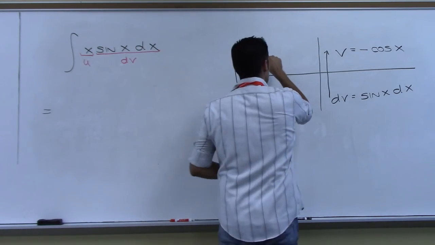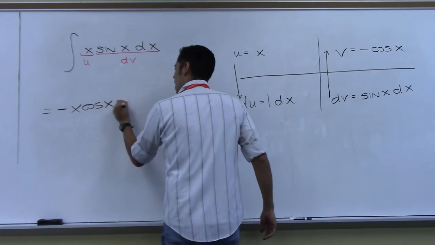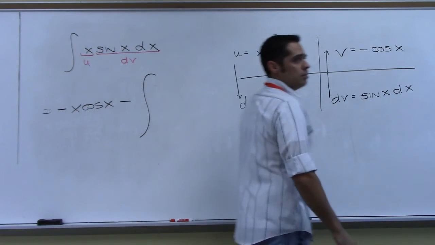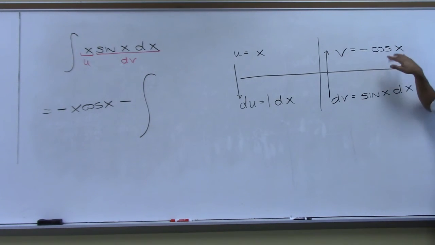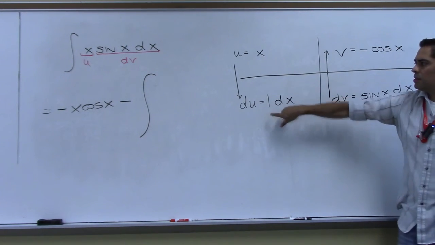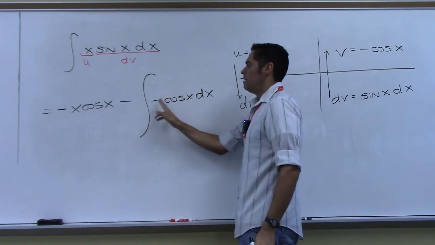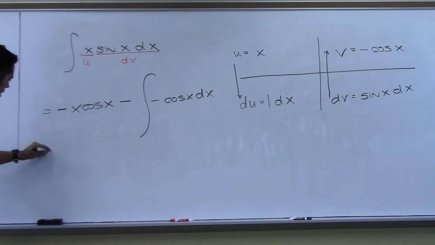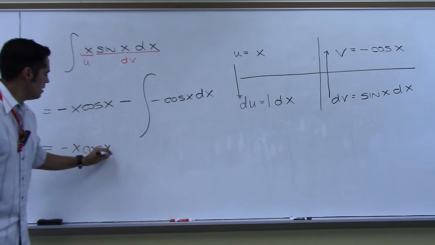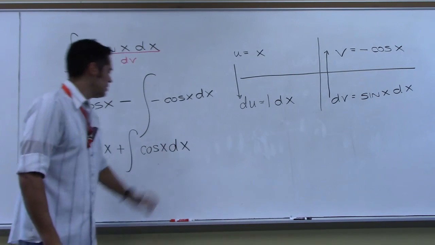What is it? x times this, negative x cosine x, minus integral v du. And v du is going to be this diagonal right here. It's this times this, so negative cosine x dx. The minus can come out and become a plus, right? So I have negative x cosine x plus integral cosine x dx.